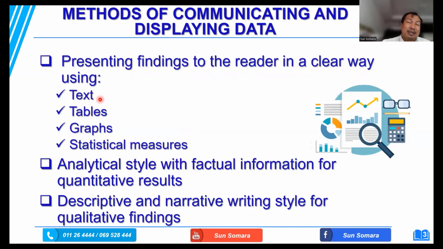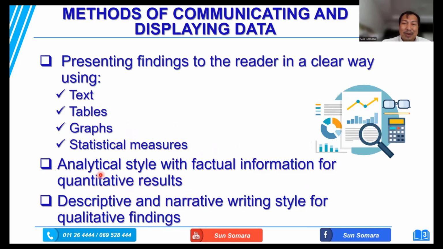In some qualitative work, we just use text, not any table or graph. Tables, graphs, and statistical measures we will discuss in detail in the following parts. And the second one is an analytical style with factual information for quantitative results.